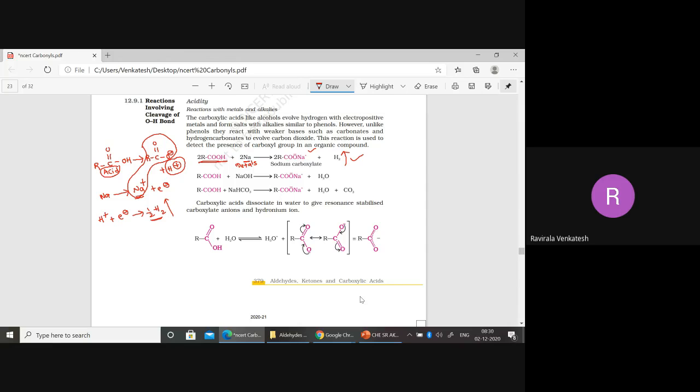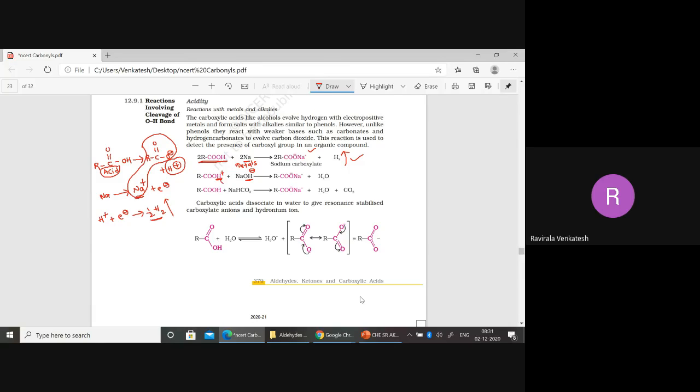Now, similarly, what is the meaning of a neutralization reaction? When acid reacts with base, that reaction is called a neutralization reaction. Here, the acid is releasing H plus and the base is releasing OH minus.